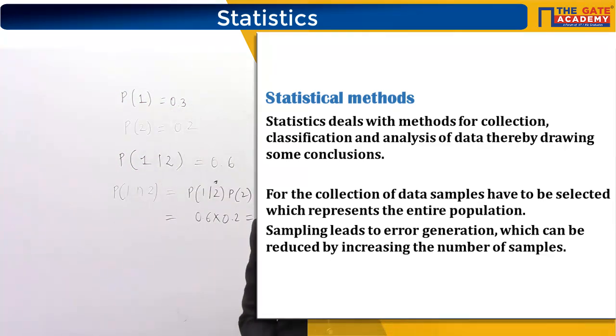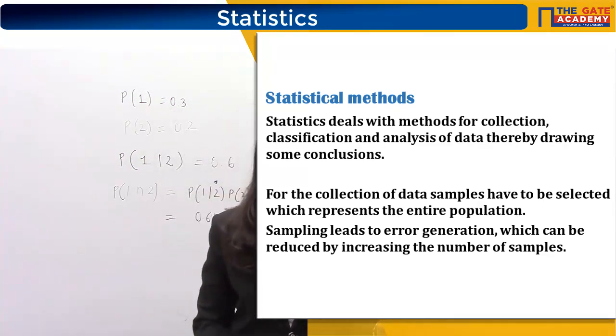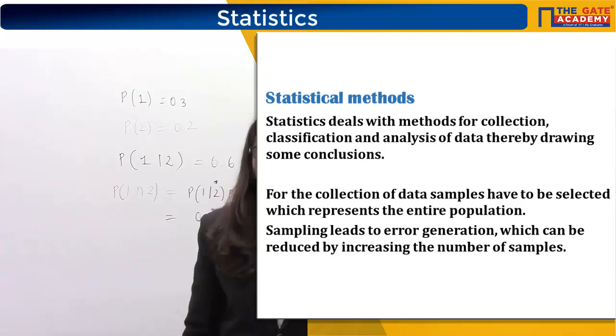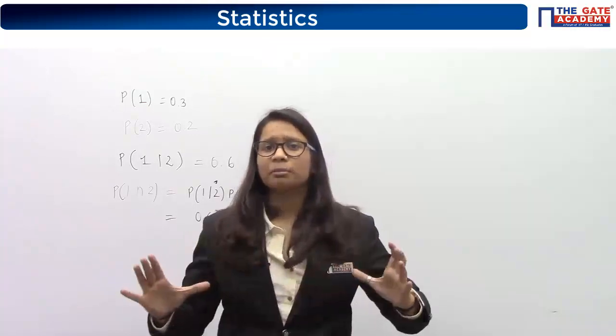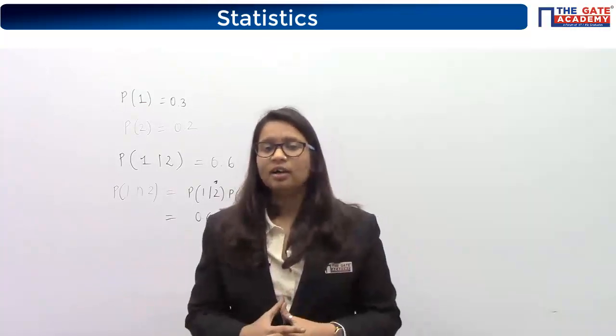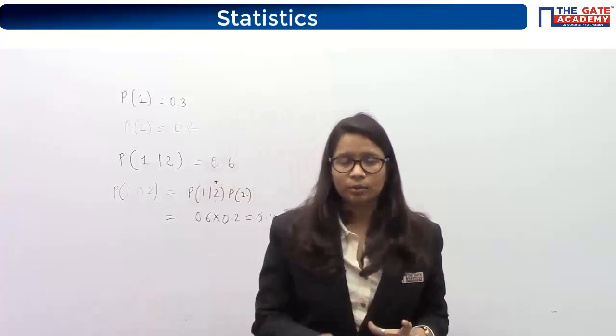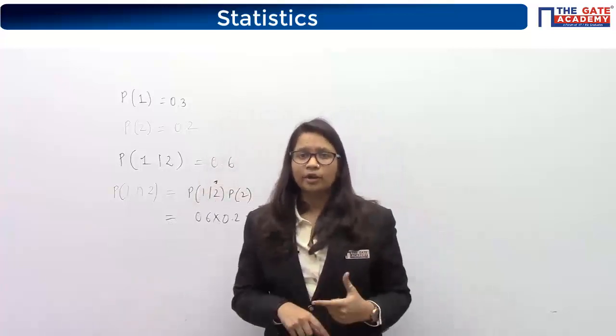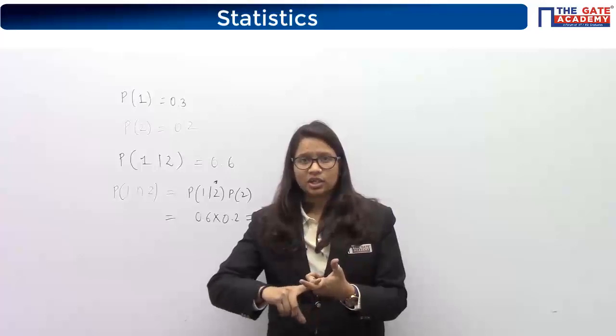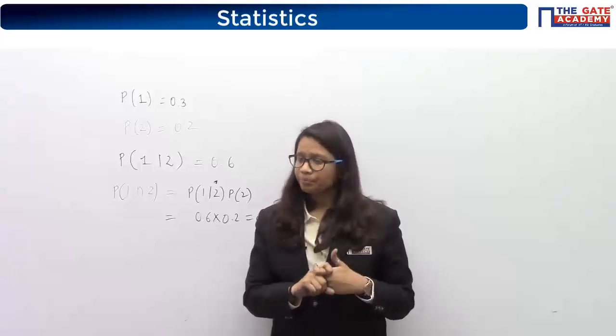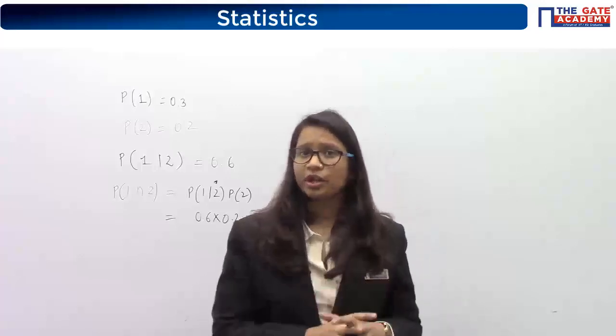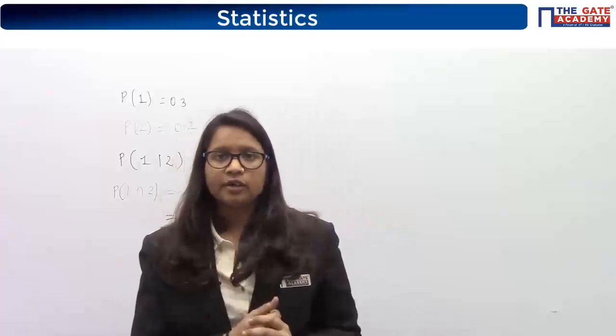That means, do you want to find out the average? Do you want to find out the mode? Do you want to find out the deviation between the two data points, etc.? So all these things are included in your statistics part. What all things? Collection, classification and analysis of the data, from which you can draw some thoughtful conclusions.